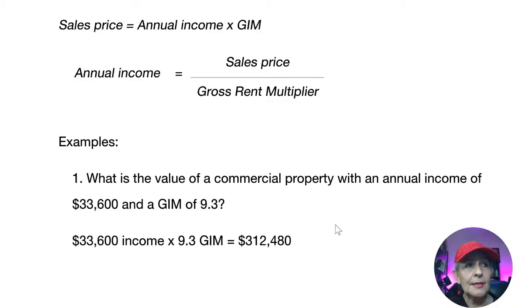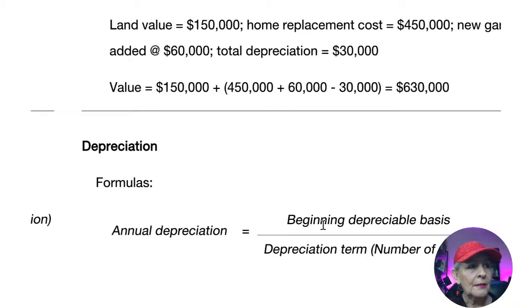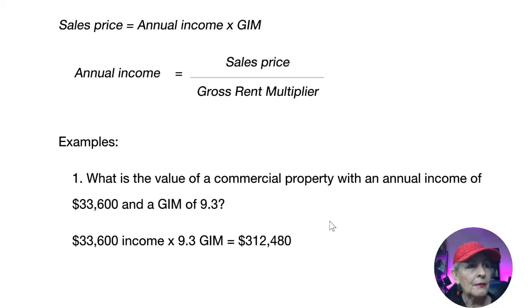So just keep in mind, the GIM is annual. GRM is monthly. Oh, they put the wrong thing here. See, books make mistakes, just like people, right? Because they're written by humans. So this should be annual income equals sales price divided by GIM, the gross income multiplier, not gross rent multiplier, okay?